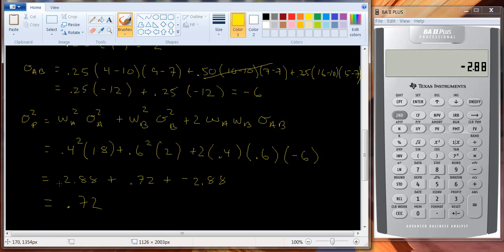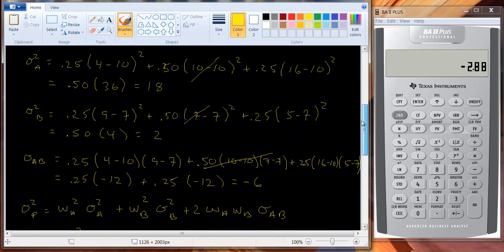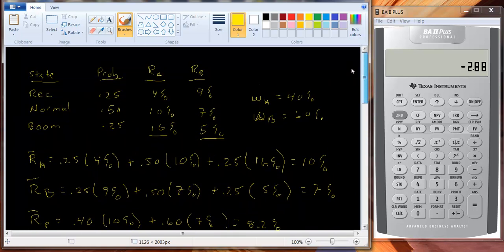What do you notice? Let's look at this. Let's go back. All right. Let me write what we came up with here. We came up with an expected return for the portfolio of 8.2, and we came up with a portfolio variance of 0.72. And let's look.